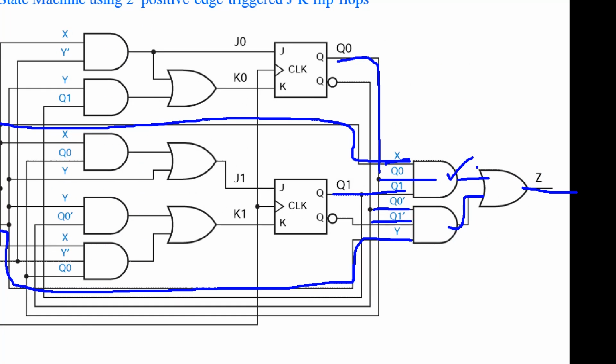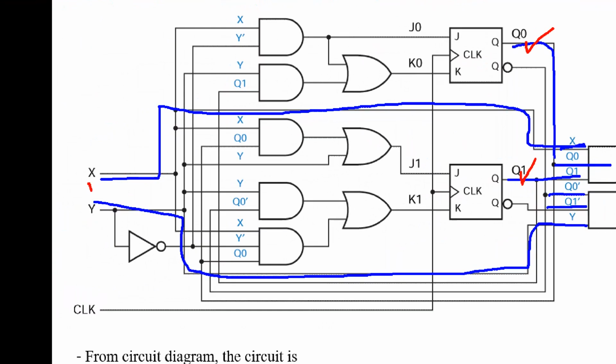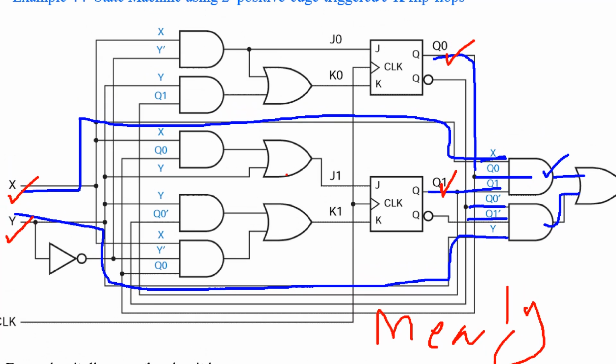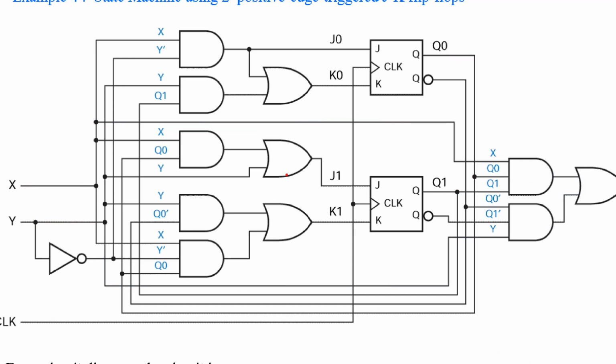That means the output of this state machine depends on both the state variables and the input variables. So this is a Mealy type machine, a Mealy type state machine.